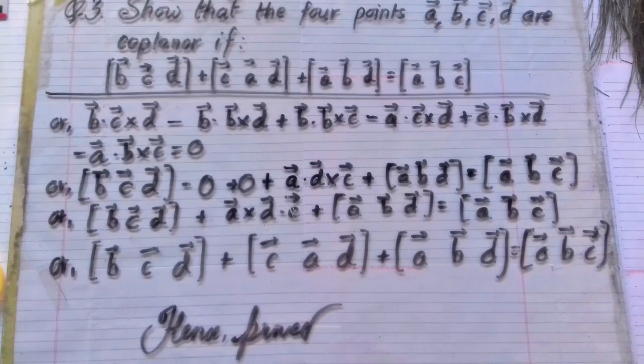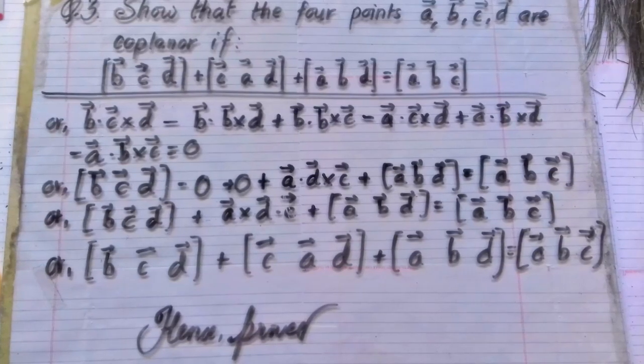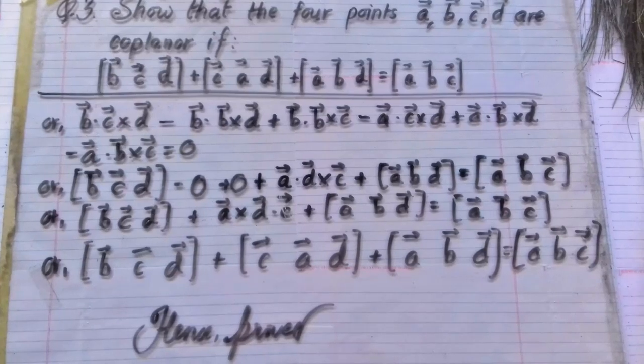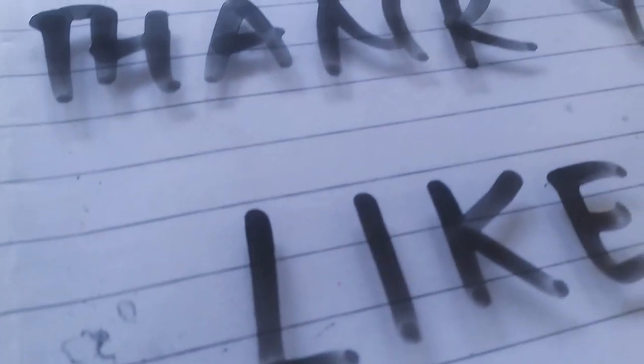After interchanging D cross C, which makes the negative sign positive, and arranging the positions of dot and cross, we can write them in these special notations to obtain what we were asked for. In this way we can prove the given statement. We just have to know the properties very well. We should know how to play with them and finally reach the solution.